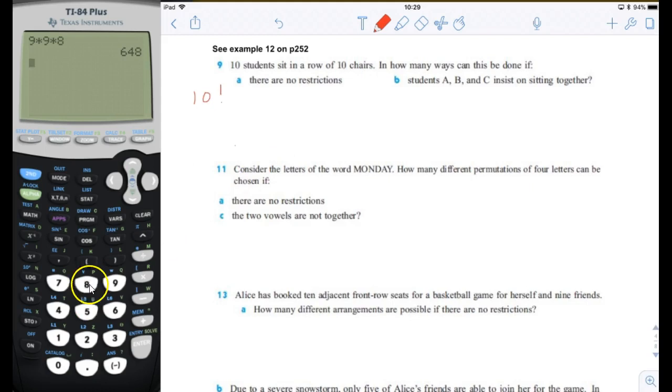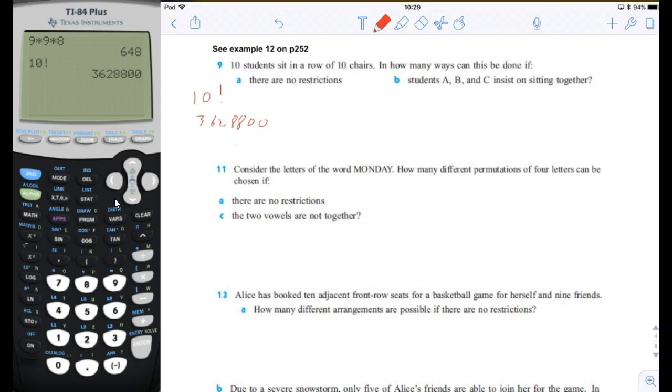What is 10 factorial? 3628800. So it's 3628800. How many ways can this be done if students A, B, and C insist on sitting together?